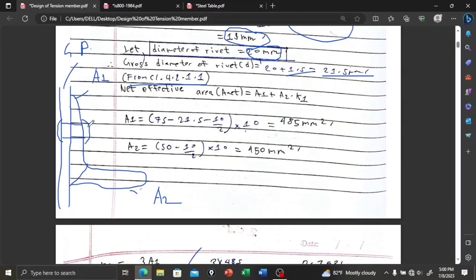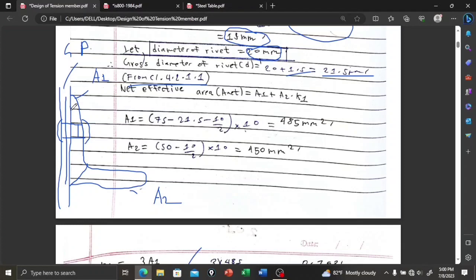So 75, from here to here it is 75, minus 21.5, this is the diameter of the hole, and 10 by 2.